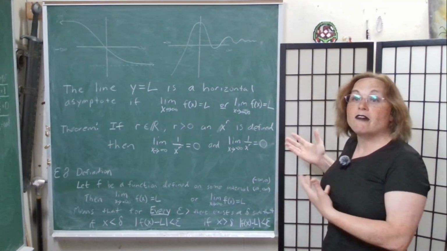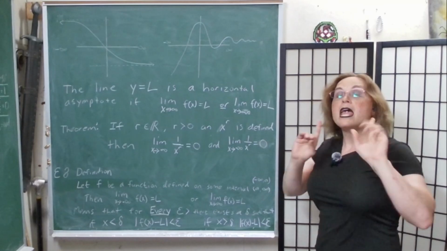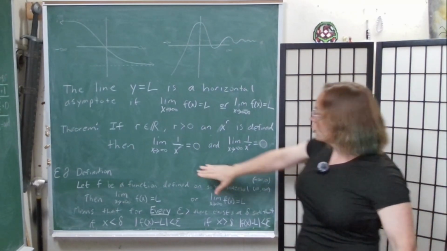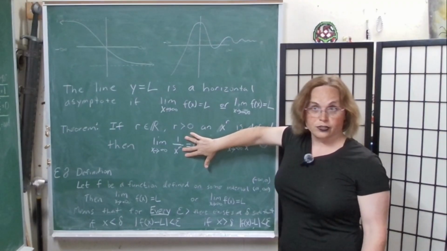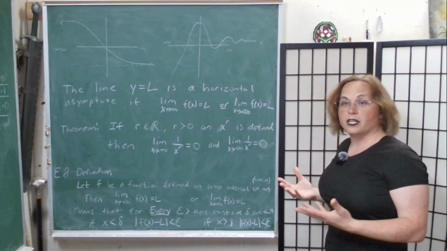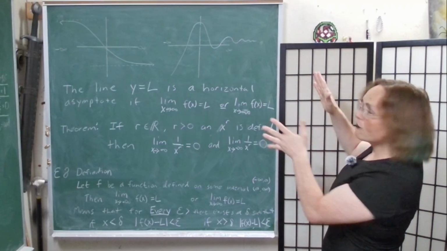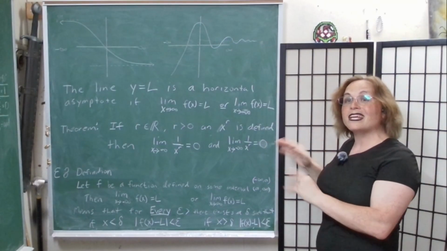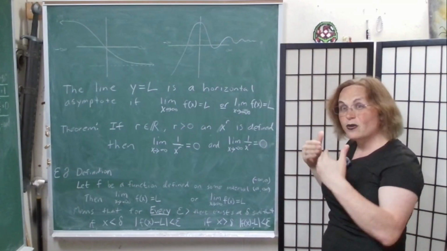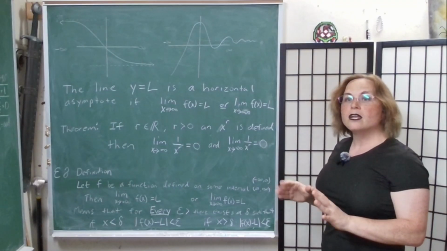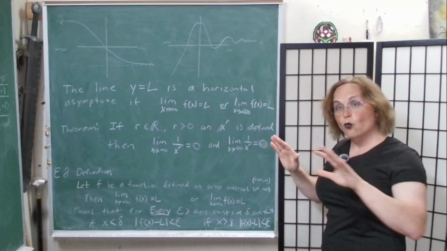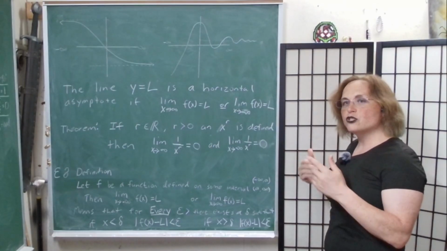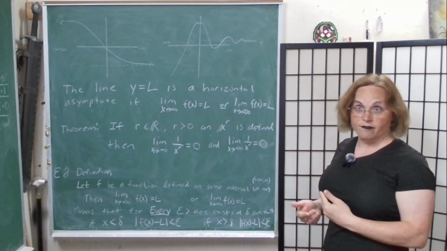Thankfully, we have a theorem that allows us to do that if we can turn our functions into rational functions. So one of our goals here is to take a function and convert it into a form that looks like a rational function, or something we can take the limit of. Then we can apply all of our normal limit rules to figure out what we're approaching as we go towards infinity.